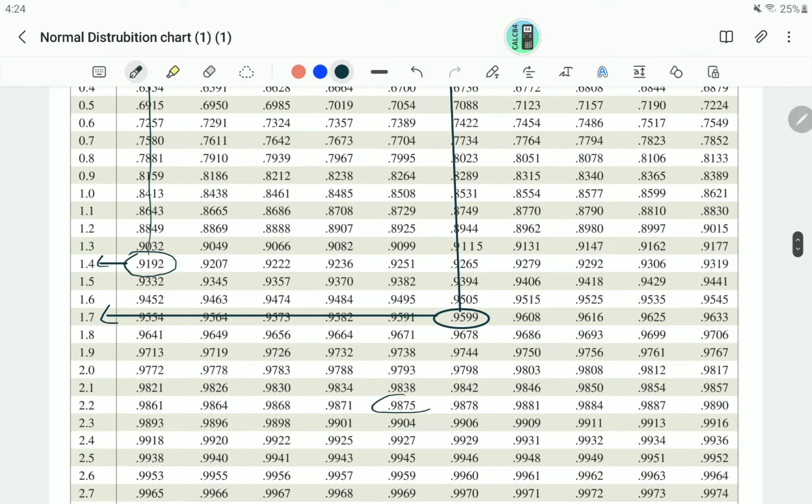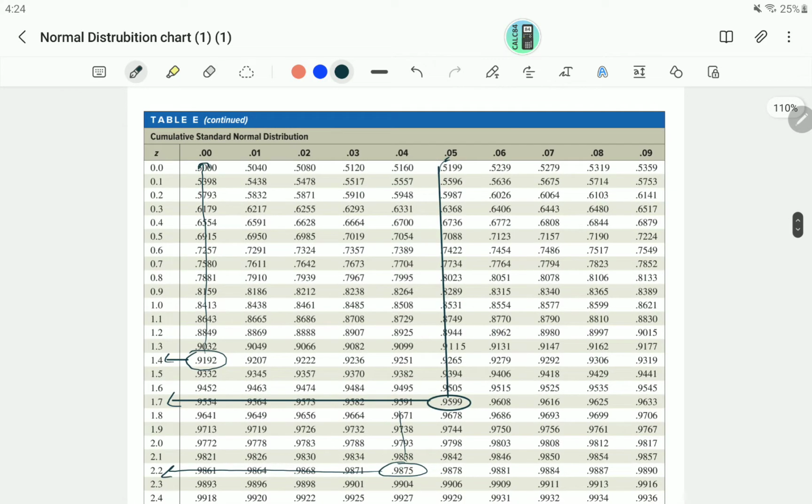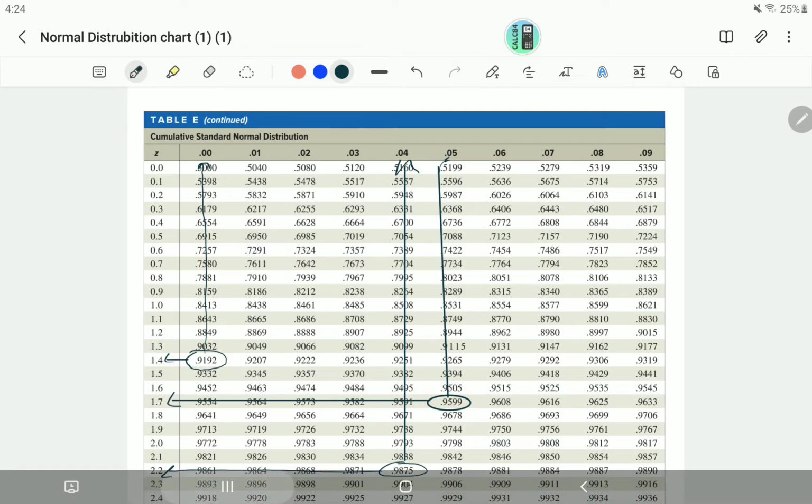Oh, right here. And that appears to be z equals 2.2. I want to say that's 2.24. Yep, 2.24.